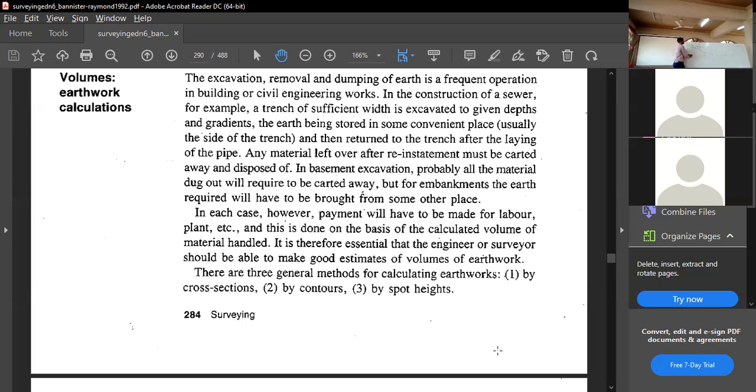And then we want to fill this part with this, and we still have some surplus. So we need to calculate how much volume is being cut, and how much of it we need to fill other places, and how much fill we need to do. So our needs and what we have.